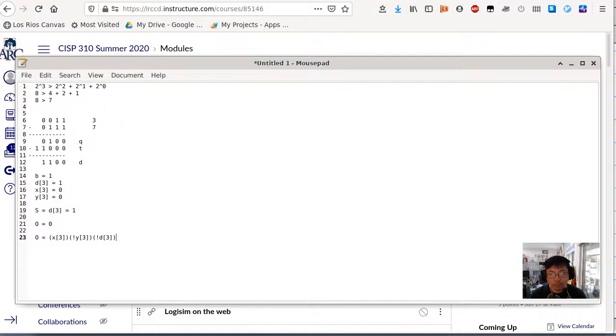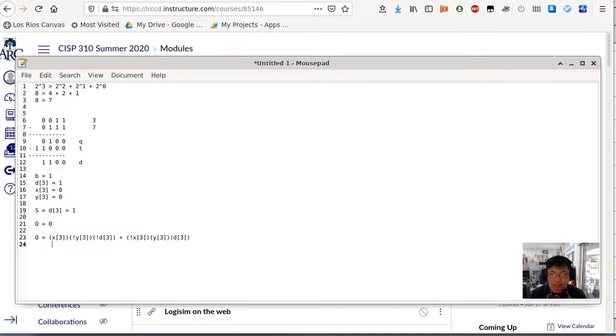So this is one way to make the overflow a 1, but there's another way. The other way is negating X3 first, and then having the other two non-negated, like so. Yes, I know some of these parentheses are not needed, but I want to make it extra clear what we are negating, what we are ANDing, and what we are ORing.